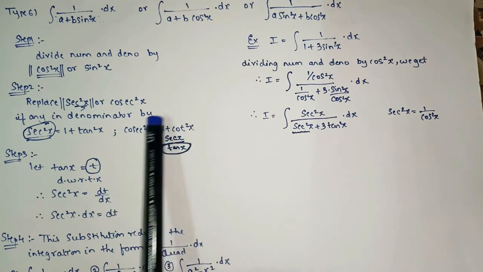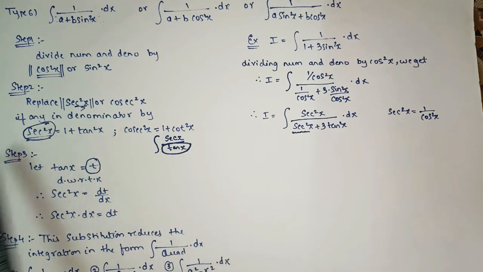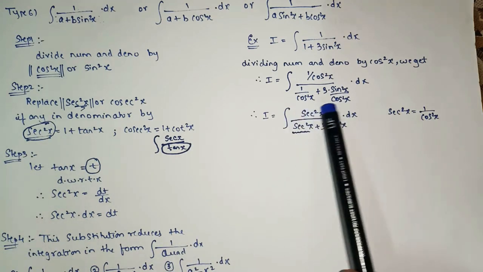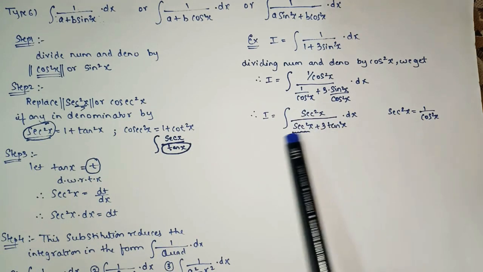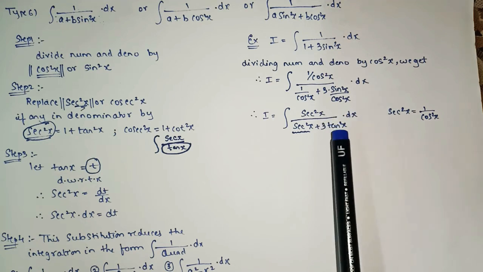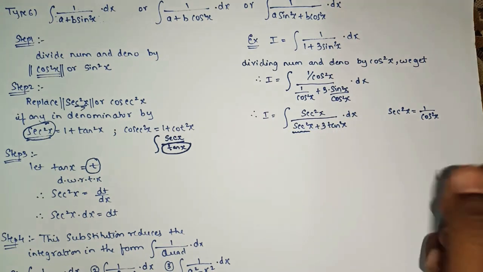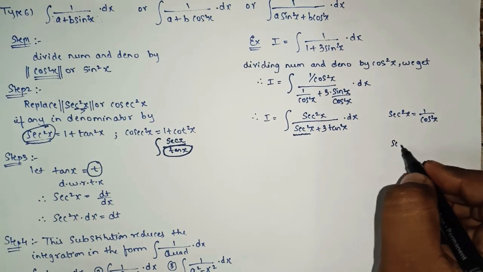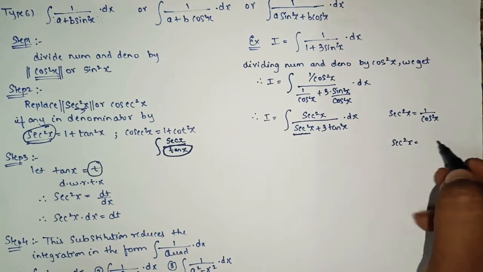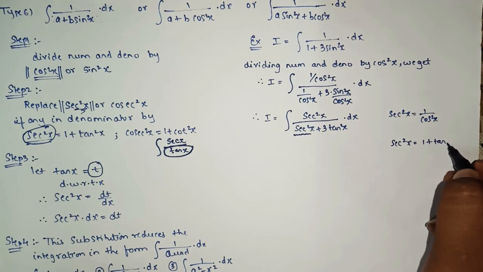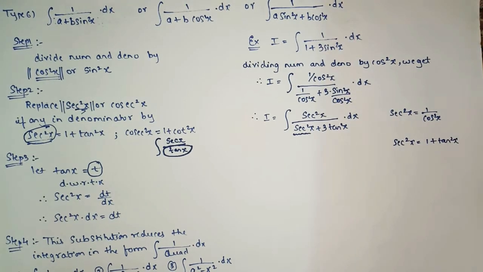So here we have tan, so this part also we have to convert into tan. Here we know that by using the identity formula, sec square we can write as 1 plus tan square x.